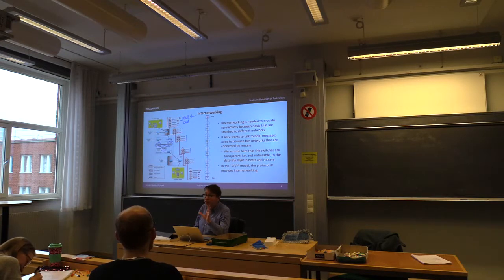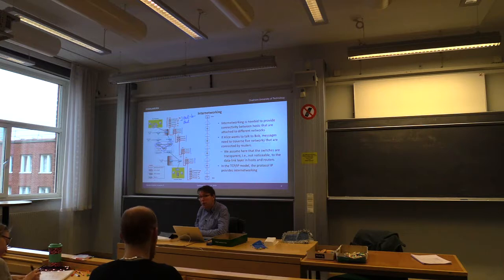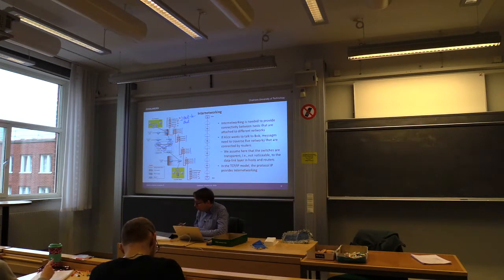I know it's hard to understand why this is the case right now, but let's just accept it as a fact that switches do not separate networks. They're part of one network. Okay, so we will see how that works later on. So in the TCP/IP model, it's the protocol IP that provides this functionality, that is the functionality to transmit data over several networks.